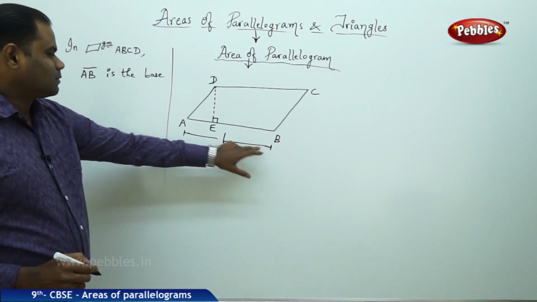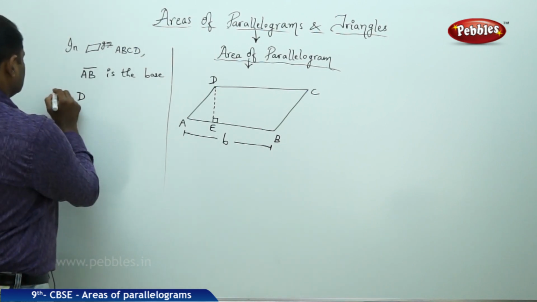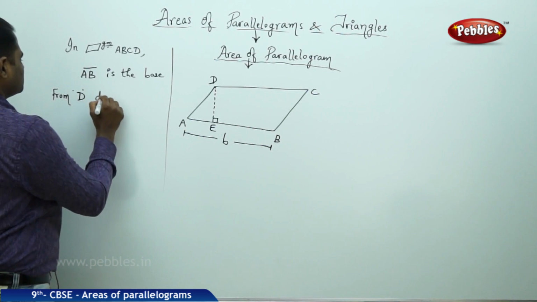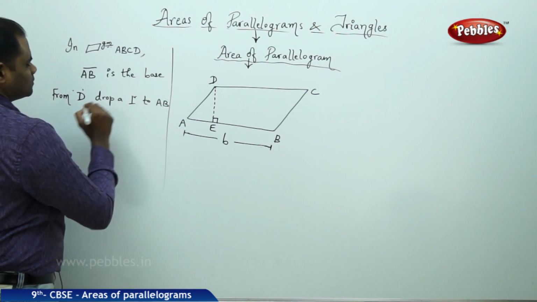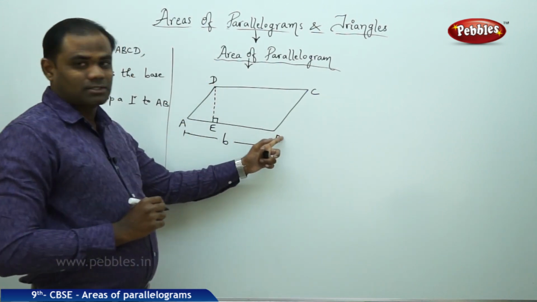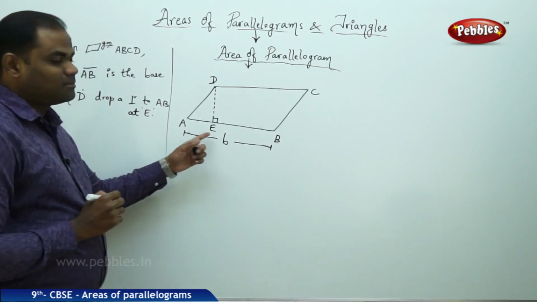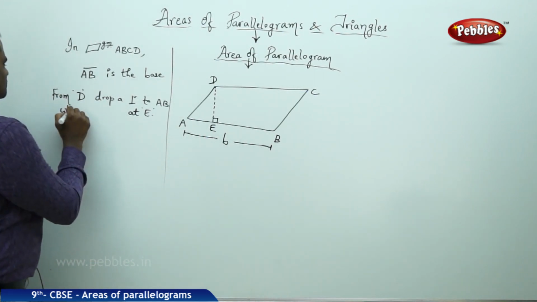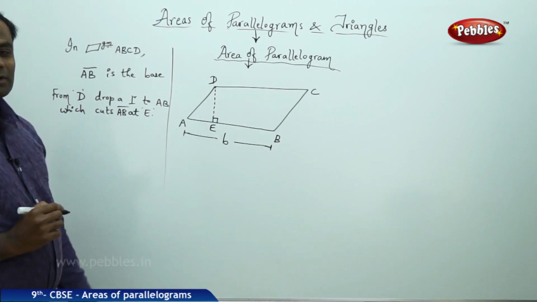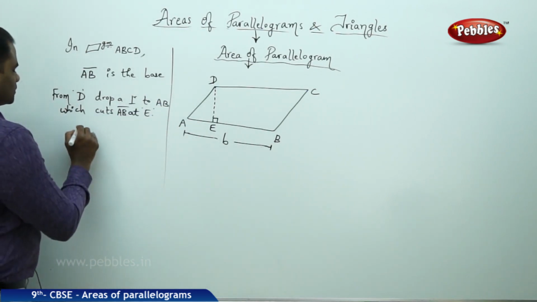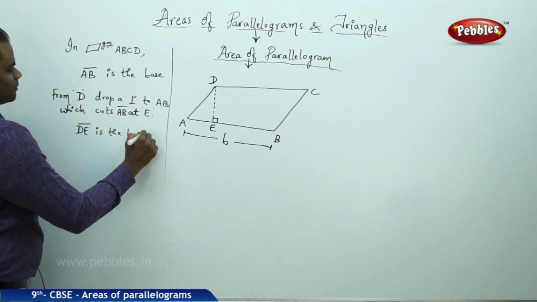Now comes DE. What is DE? From D, drop a perpendicular to AB, which cuts AB at the point E. Now clearly DE is the perpendicular, that is, DE is the height of the parallelogram.